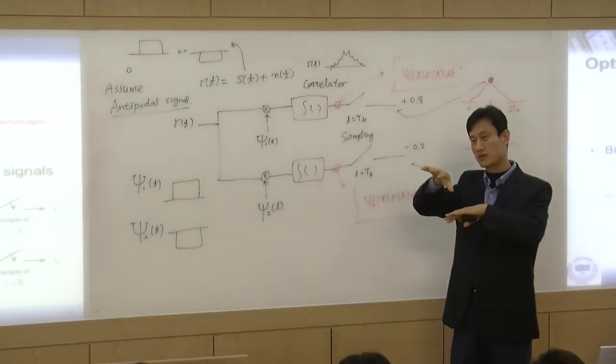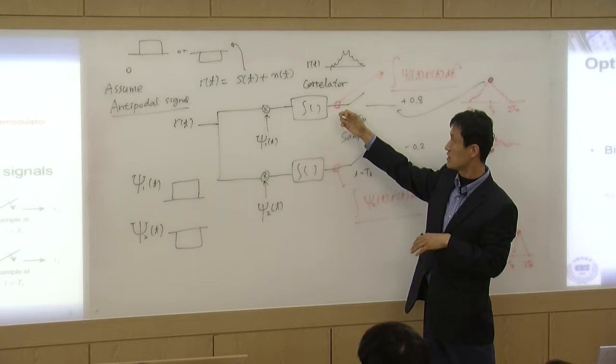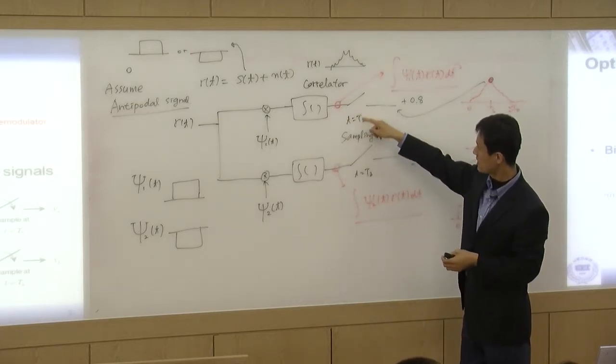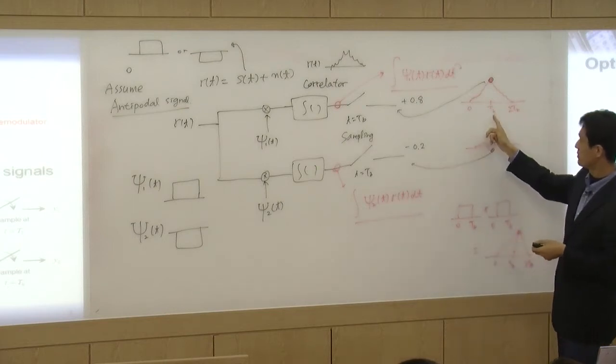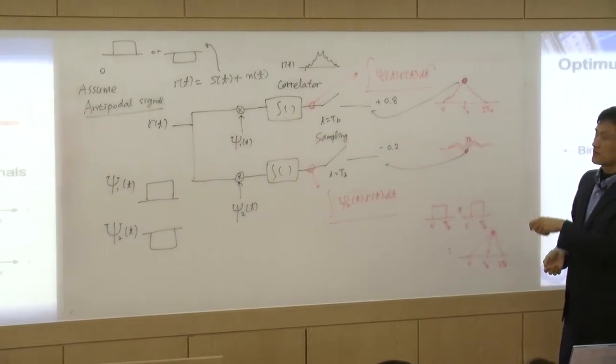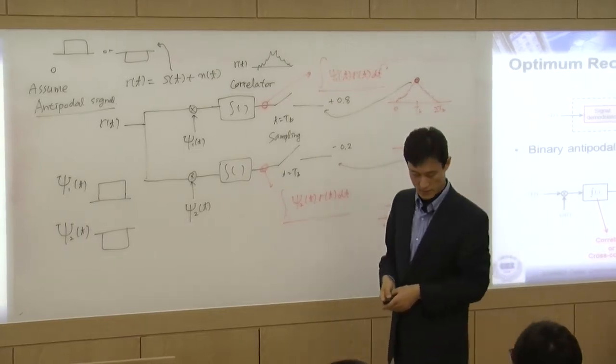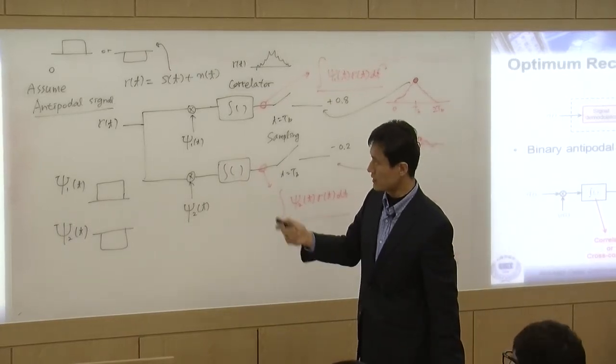You calculate the correlation using these two correlators in parallel, and after that we do sampling at the right point, the middle point, and you get these values. So that's the optimum receiver.